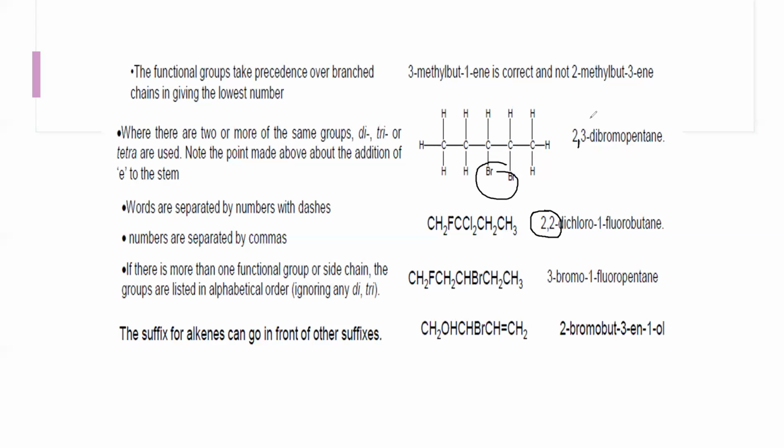But when we want to separate the number from the word, we use a dash. But if two or more functional groups or two or more branches are there, then we use alphabetical order to name them. Like if we have, this is a structure.